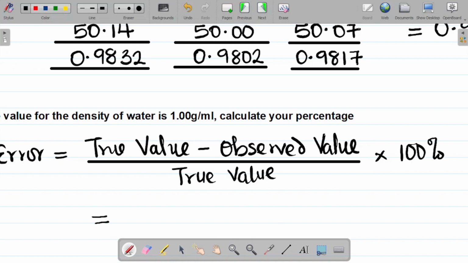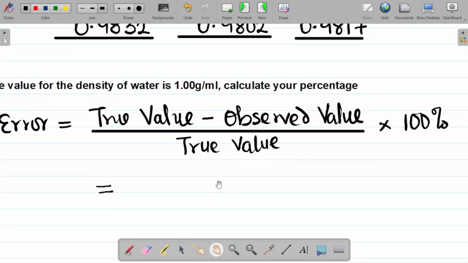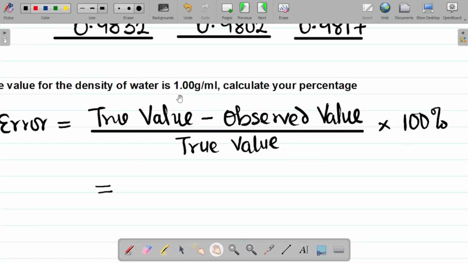My task would be, they said let's assume that the true value is 1.00. So the true value minus the observed value is the density of water as I got in my calculation.